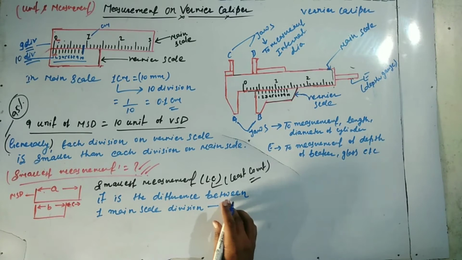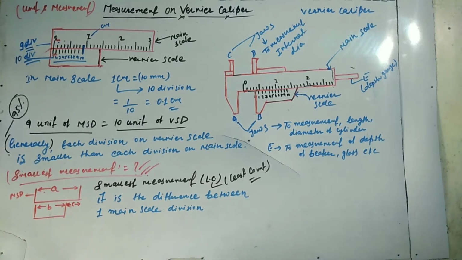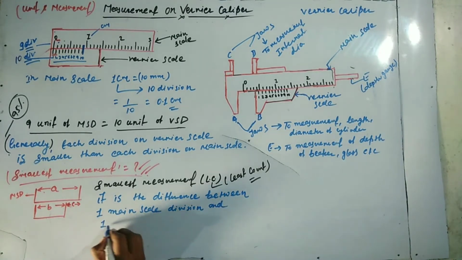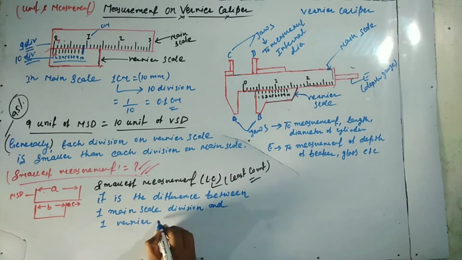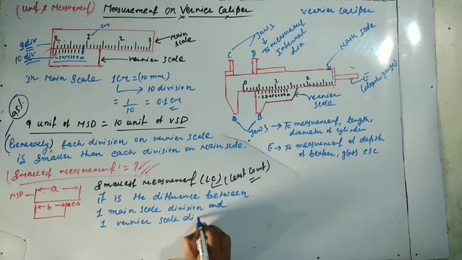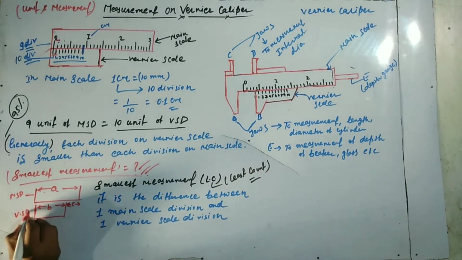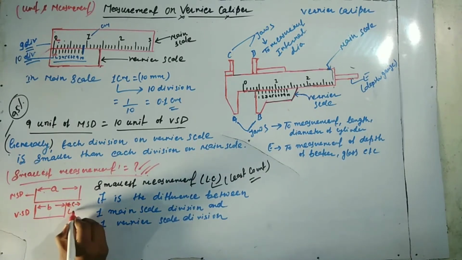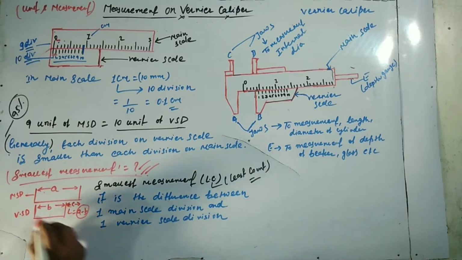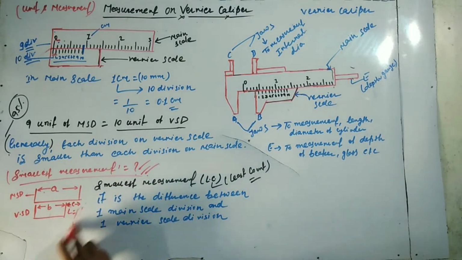It is the difference between one main scale division and one vernier scale division. Therefore, least count is equal to C equals A minus B. It is the smallest measurement.